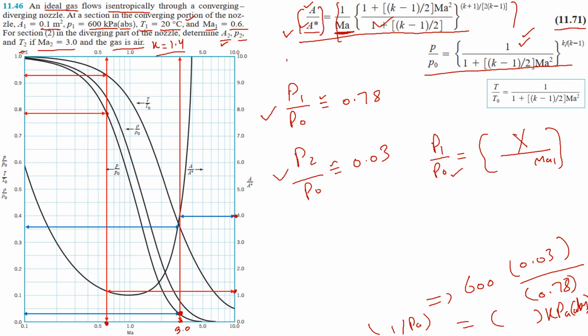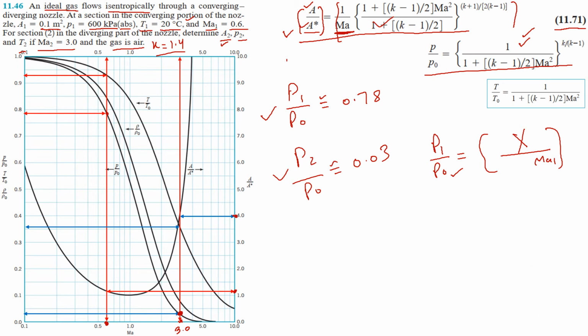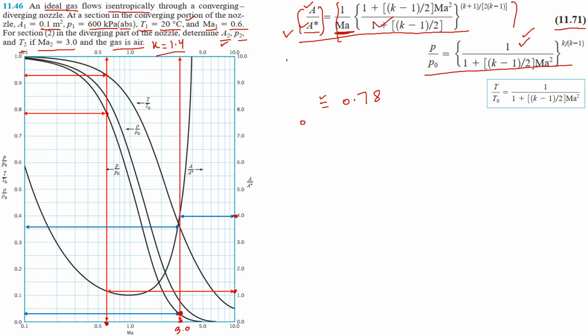So by doing the same exercise for the equation that is given to us for temperature and the stagnation temperature and the Mach number, we can actually find our T2 by doing the same exercise again.